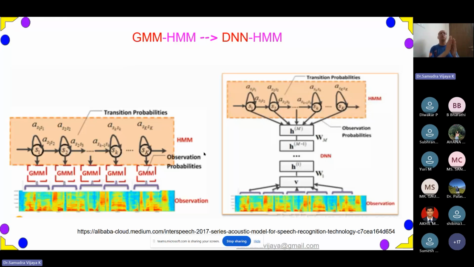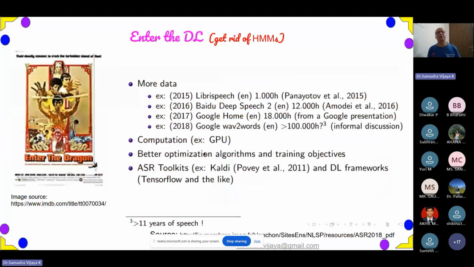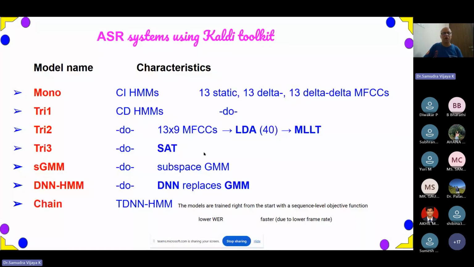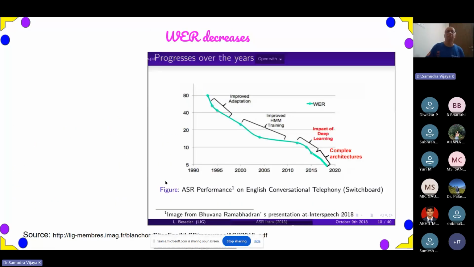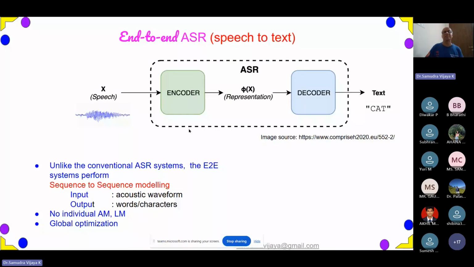So it is better to model the temporal property of the speech signal also. So such models were used. In neural networks, time delay neural networks along with HMM were used, and then there were other models: transformers, encoder, decoder, and so on.